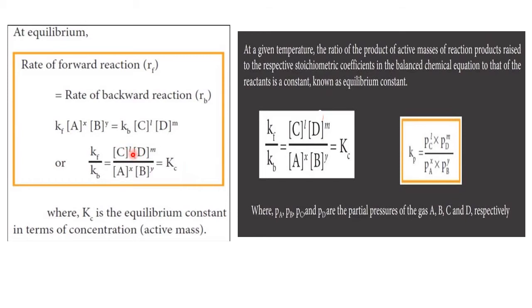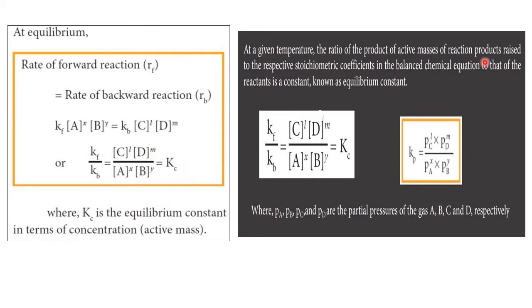Here a multiplication comes, that is represented by the word product. What is the meaning of this product? Multiplication of active masses or concentrations of the products.